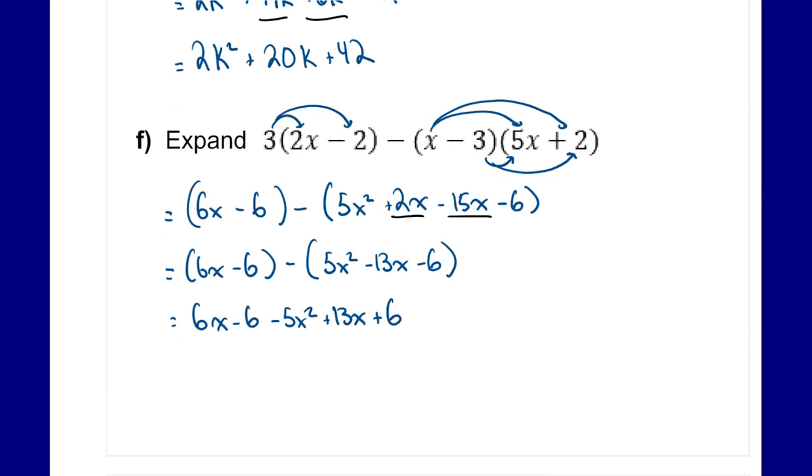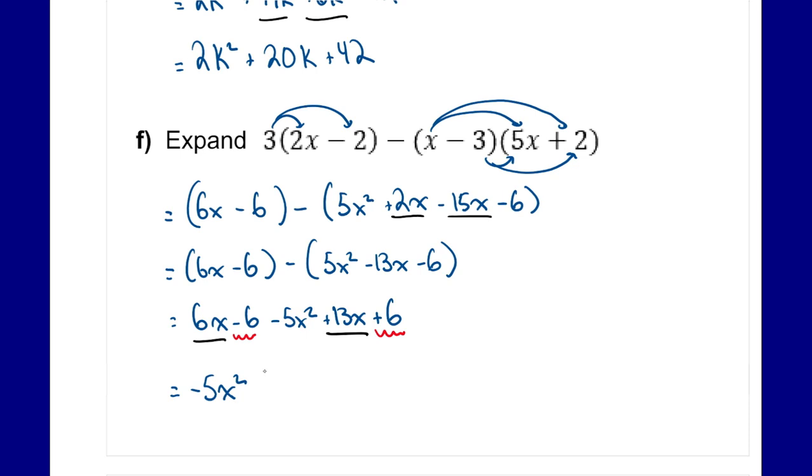Now that the brackets are dropped, I can collect like terms for everything that's left. I have the 6x and the 13x. I have the negative 6 and the positive 6. And the minus 5x squared is on its own. I'm going to put the minus 5x squared first. General rule of thumb, the higher the exponent, the closer to the start it should be.